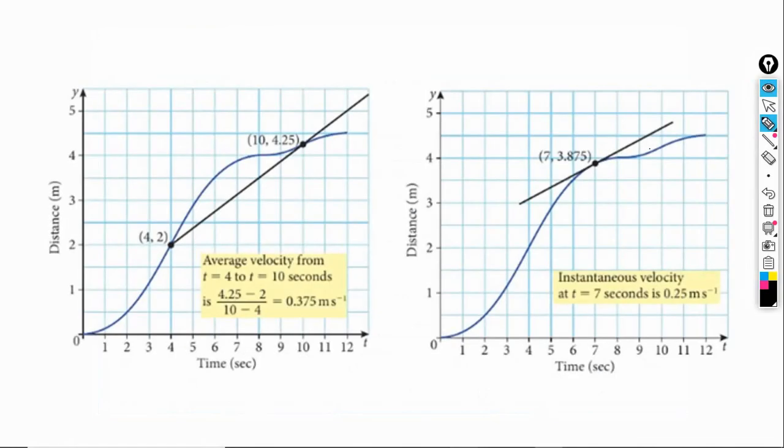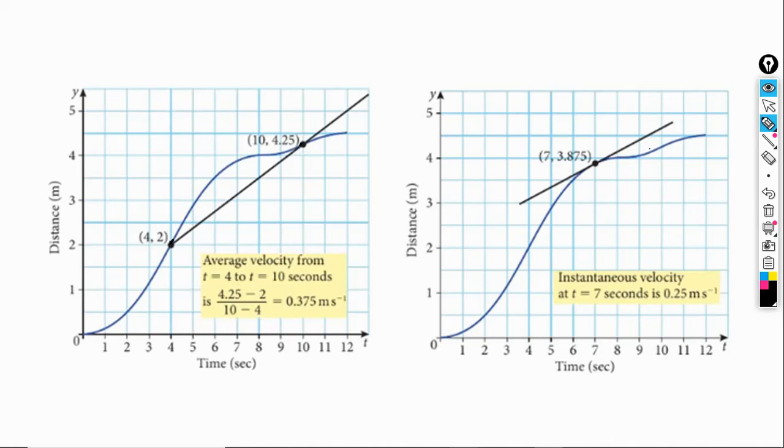Okay, so in the next slide, you're going to look at a couple of graphs that compare two situations. On the left, you have a curve and a line going through 2 points, in this case (4, 2) and (10, 4.25).